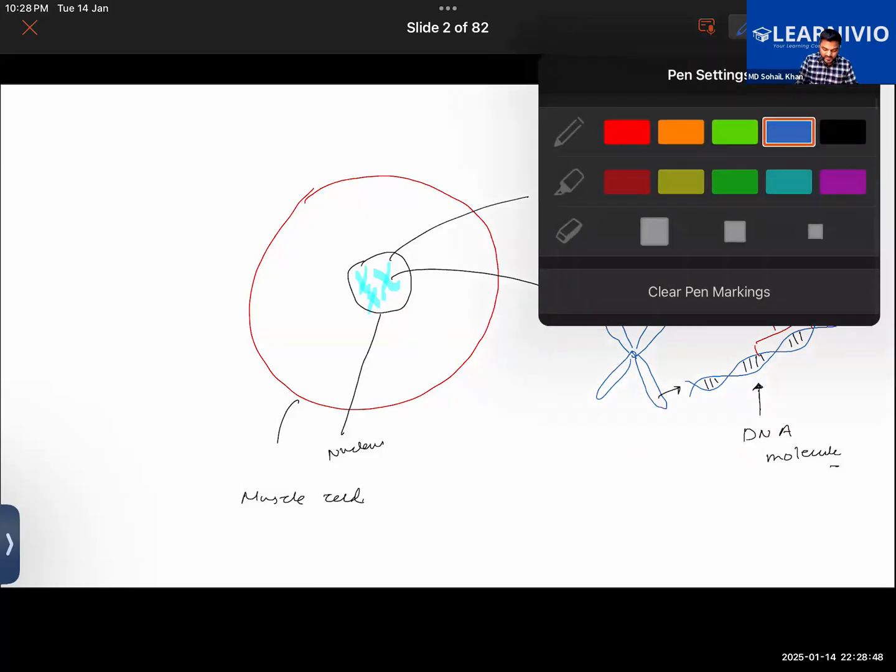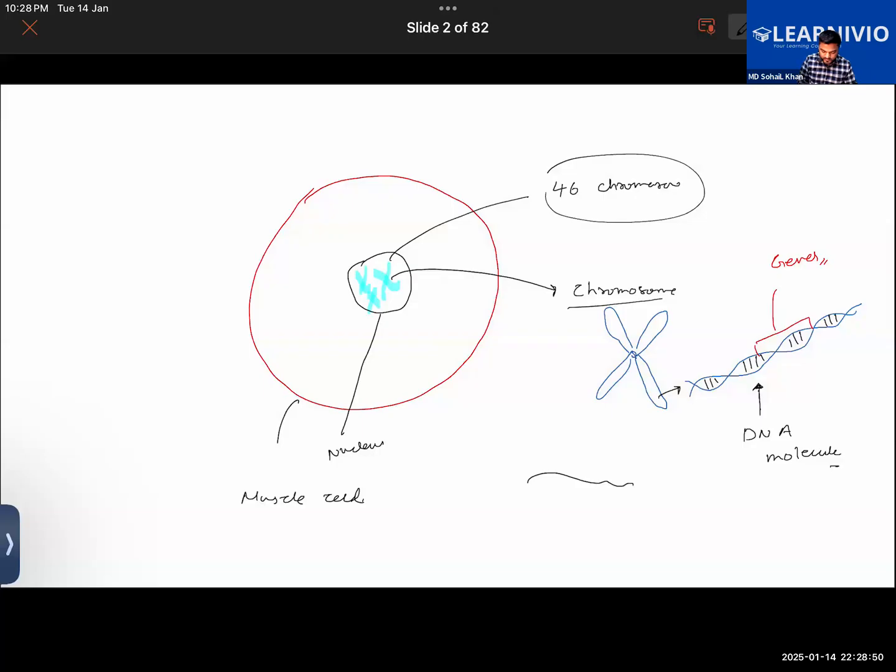Now, when we take a look at the sperm cells, in the head of the sperm it has the nucleus. This nucleus has only 23 chromosomes, half the number of chromosomes. While this is the ovum, and that's the nucleus of the ovum. This too has 23 chromosomes, right?